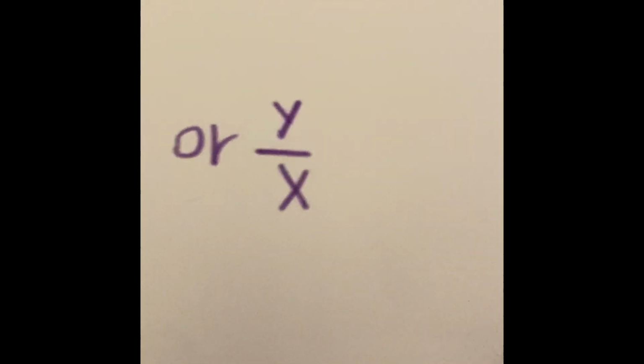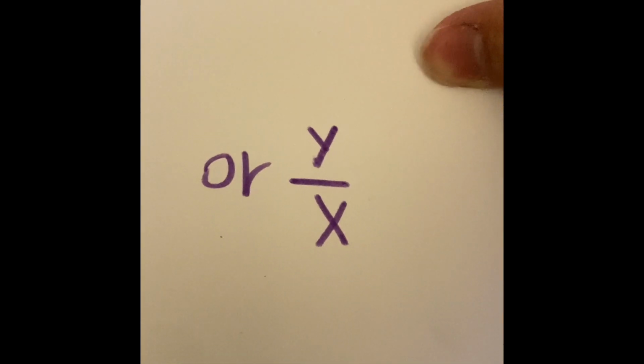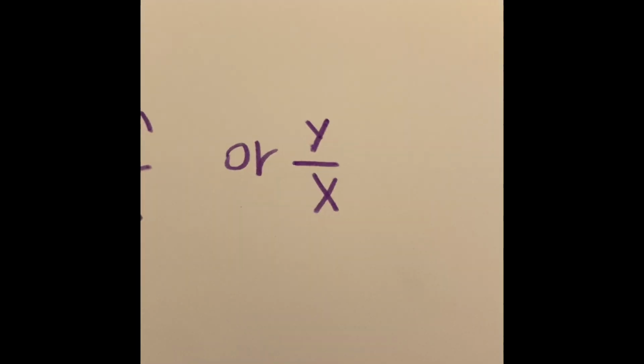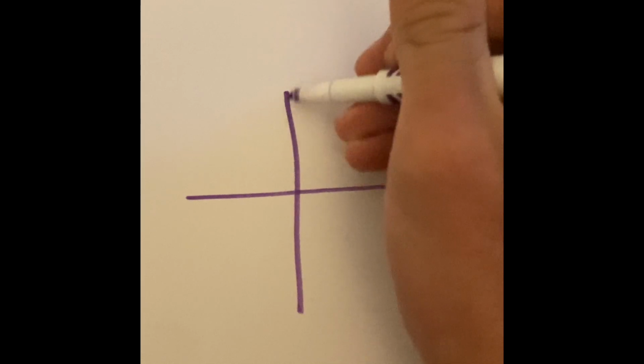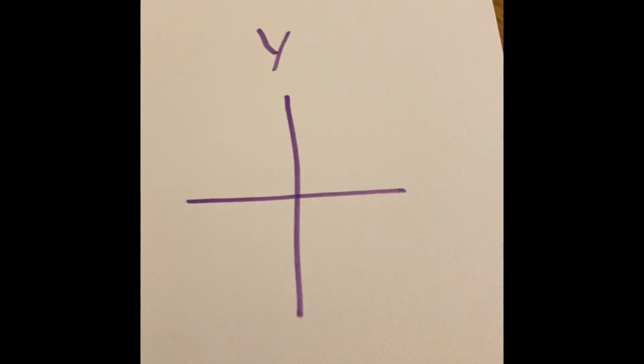The reason why we use the letters y and x as the formula for slope is because they represent the axes on a graph. So here is an empty graph. With y and x, the line that's vertical, reaching from the bottom all the way to the top, is going to become your y-axis.